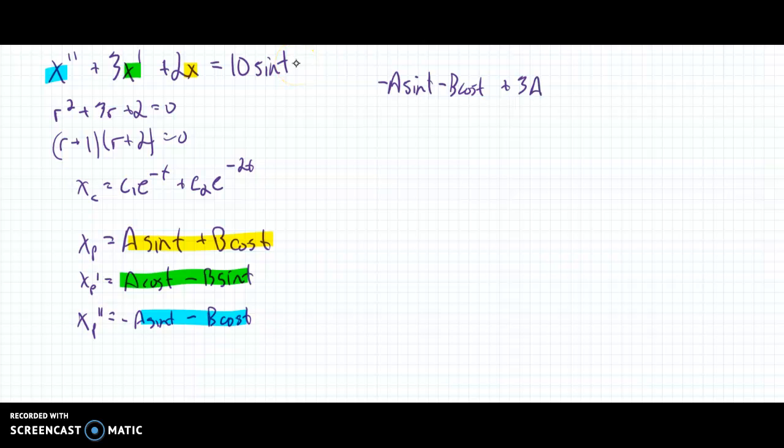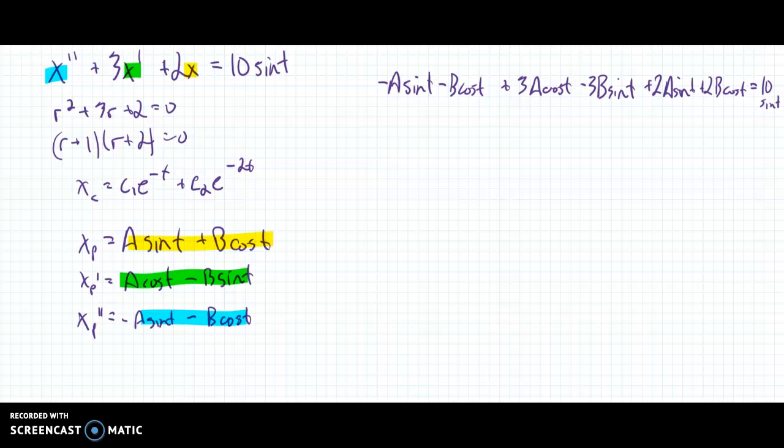So 3a cosine t minus 3b sine t. Is that right? Yep. Plus 2a sine t plus 2b cosine t equals 10 sine t.